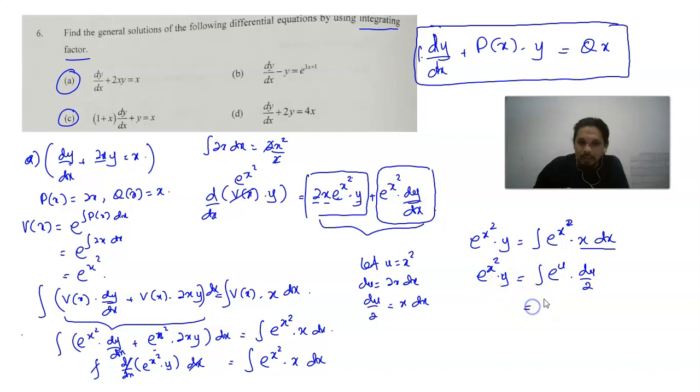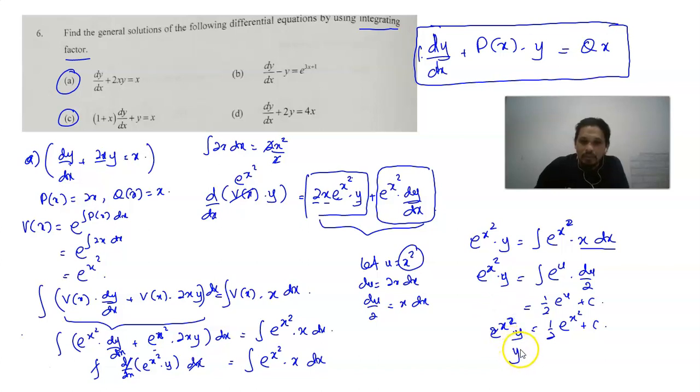It is 1 over 2 integral of e^u du, which is e^u plus c, or 1 over 2 e^(x squared) plus c, with u equal to x squared. Then y, this is e^(x squared) times y.